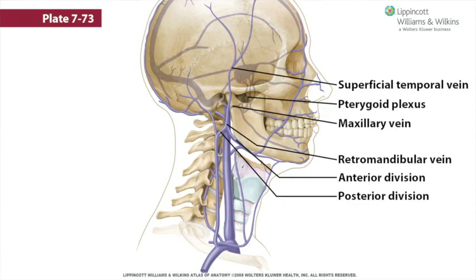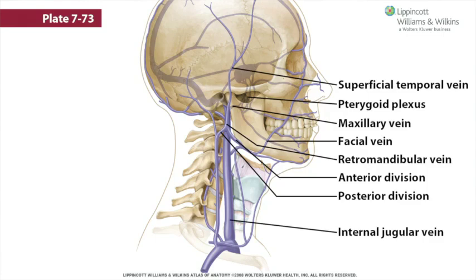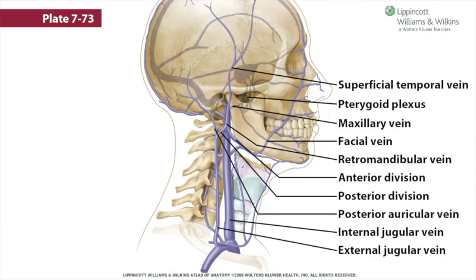The anterior division usually joins the facial vein to form what is sometimes called the common facial vein, which usually drains into the internal jugular vein in the neck. The posterior division, meanwhile, usually joins the posterior auricular vein to form the external jugular vein.